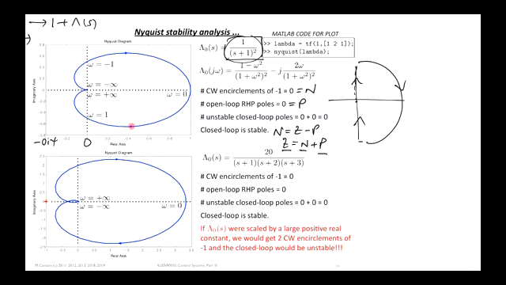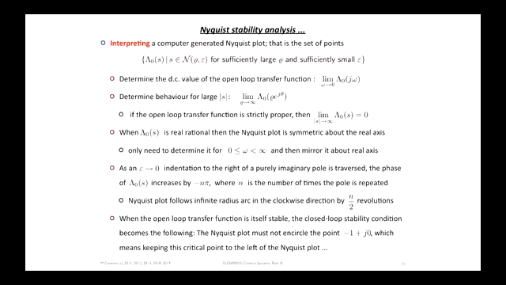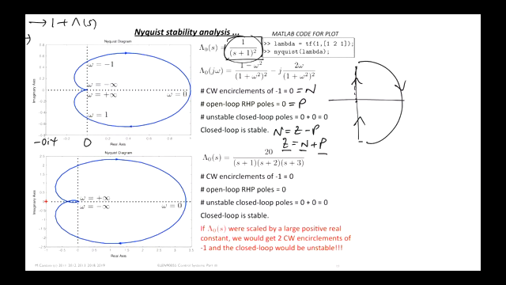MATLAB puts the arrows on for you. In an exam question, I might take the arrows off and ask you to figure out what direction it goes in. One way to do that is to use these sorts of properties of the Nyquist plot, and to also think in terms of the Bode plot, right? Because we have rules for understanding how the phase of this changes with frequency.